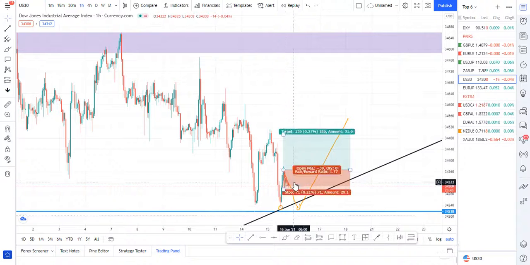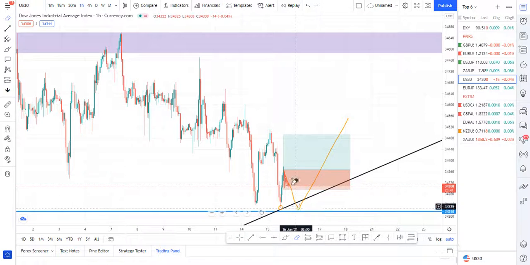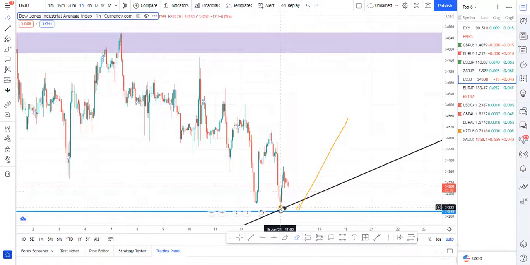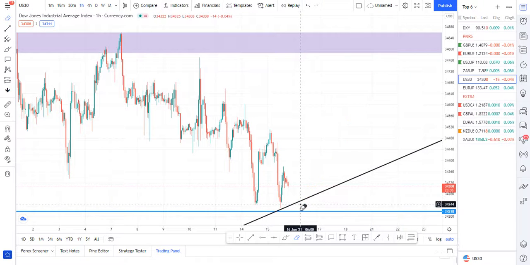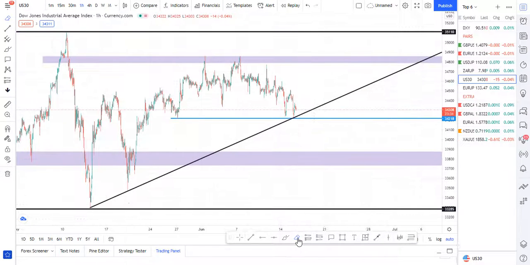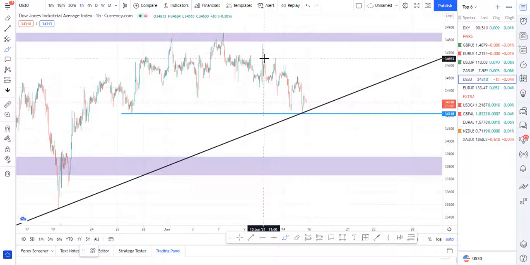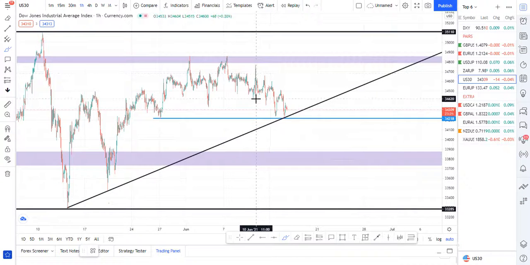If it doesn't go for a buy, we're definitely going to be looking for sells. And with the sell, I'm expecting it to move how it's been moving, because it's been making lower lows and lower highs, lower lows and lower highs.